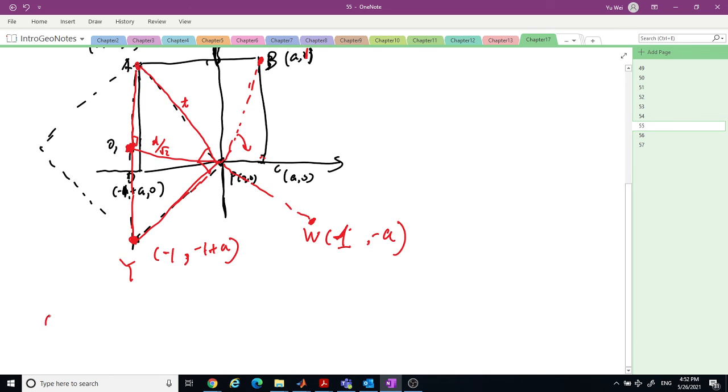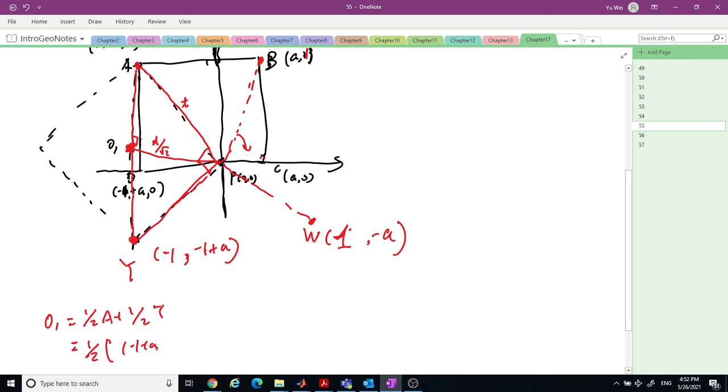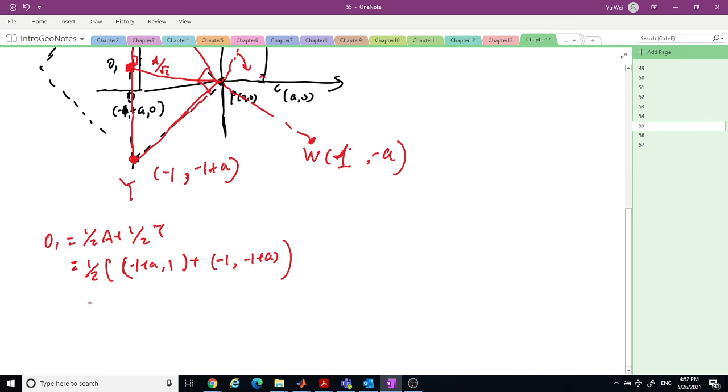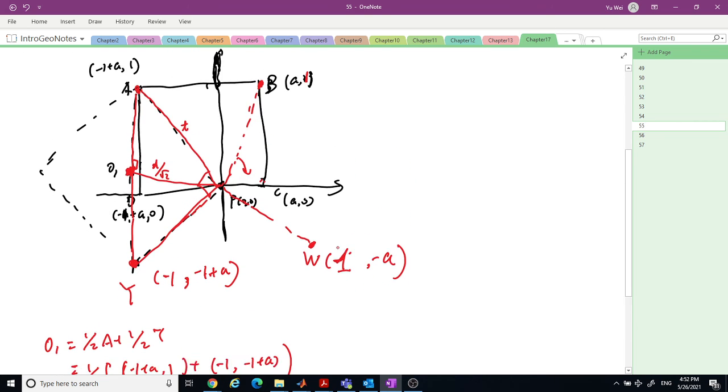So now we can solve the O1 is half of the A plus half of the Y, so it's equal to half of the A, which is -1 plus A and 1, plus the Y is the -1 and the -1 plus A. Okay, so the O1's coordinates is half of the -2 plus A, and this one is half of the A. Now we solve the O1 coordinates, and now let's solve the O2 coordinates.